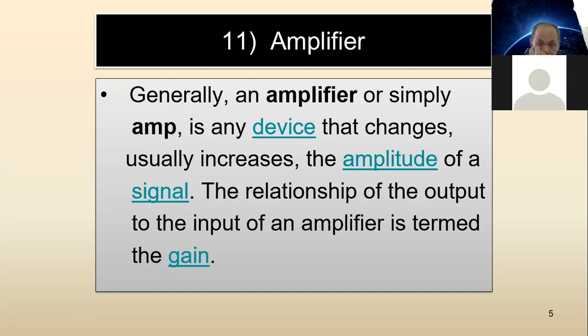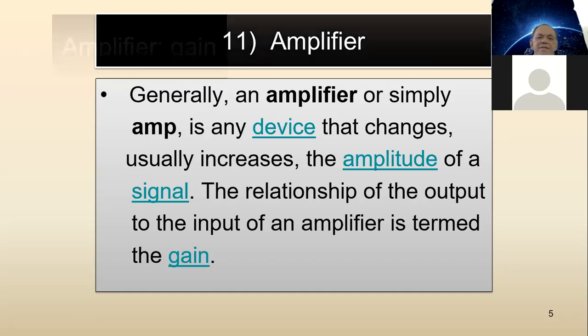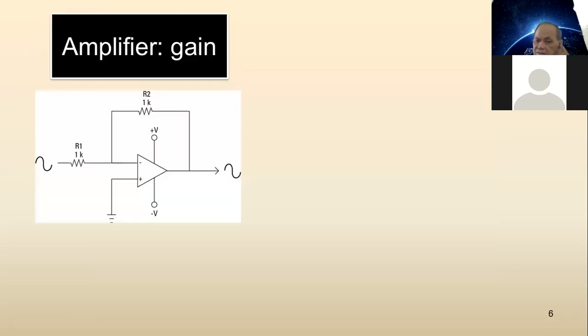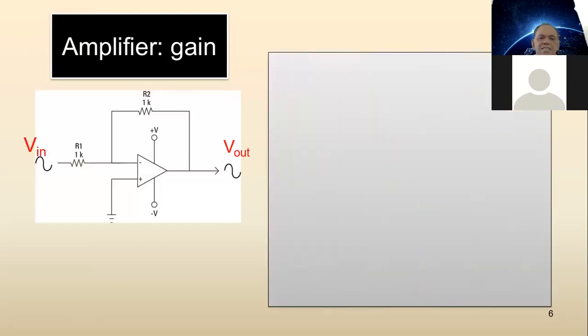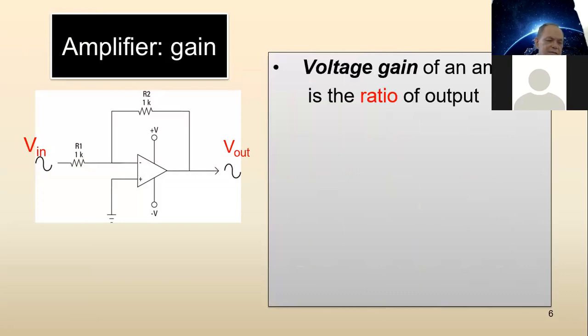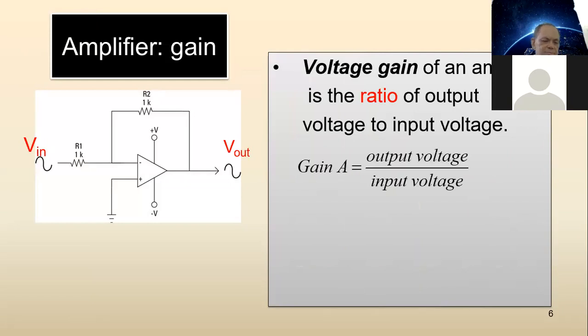That's why we use the term amplify, not magnify. For an amplifier, we are interested in the gain: how much has the amplitude increased? The voltage gain of an amplifier is the ratio of output to input voltage, what comes out compared to what goes in.